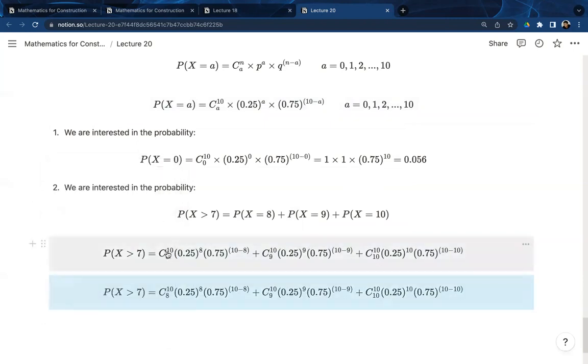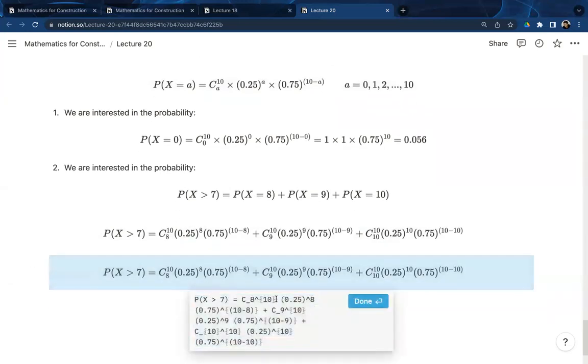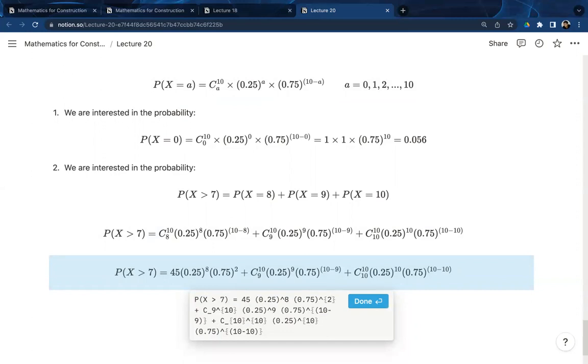So 10 choose 8. That's 10 factorial over the product 8 factorial by 2 factorial. That is 9 by 10 over 2. That's 9 by 5, which is 45. So this is 45. This number is 2. 10 choose 9 is 10.